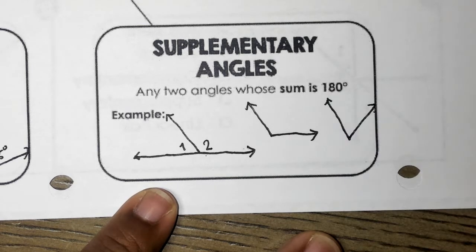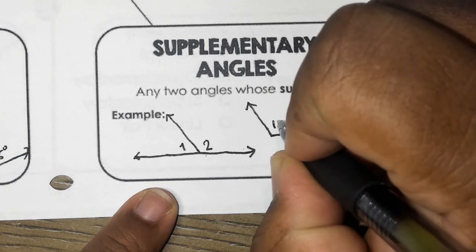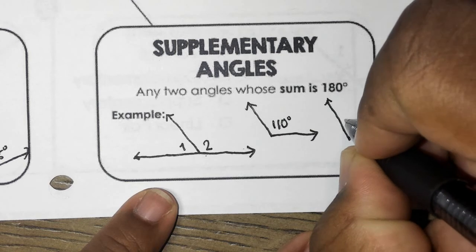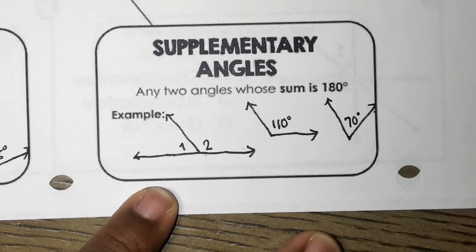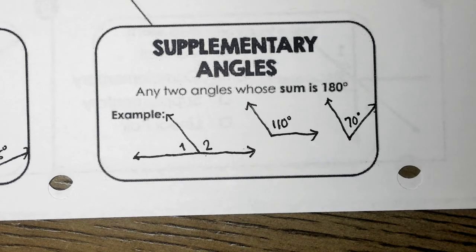An obtuse angle could equal, let's say 110. The acute angle could equal 70. If you compare those two, you're like, okay, 110 plus 70 is 180. So then that means these two are supplementary to each other. Supplementary angles.